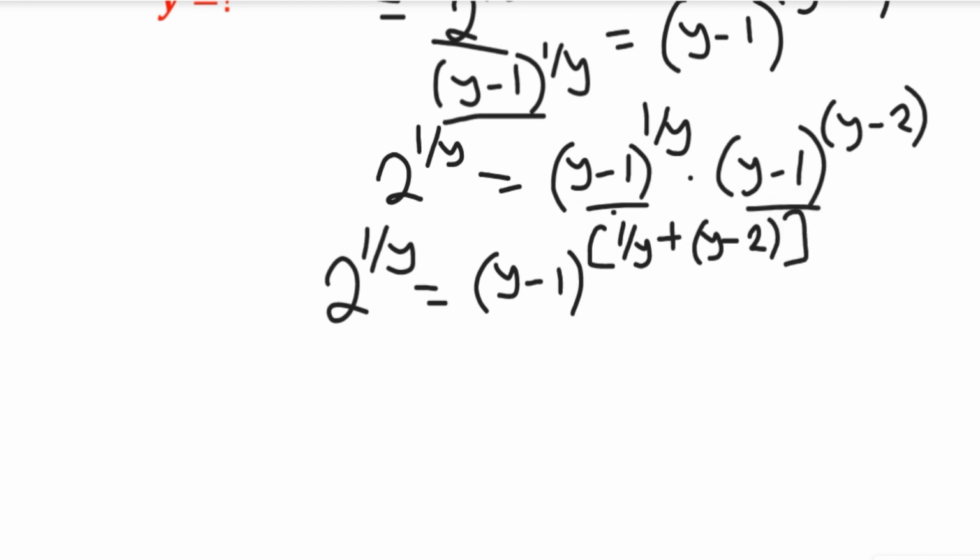In order to simplify this, we are going to multiply both sides by y. That action will do away with the y on the left-hand side.